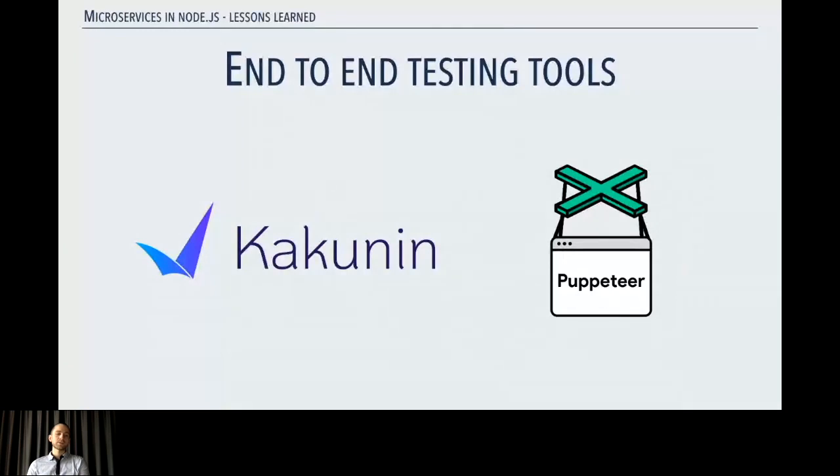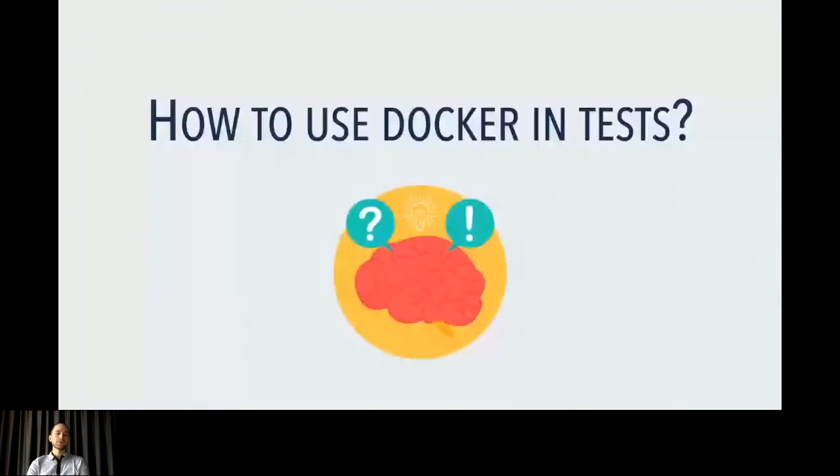Puppeteer is quite a low-level tool. It uses the Chrome DevTools API under the hood. You cannot verify all the possible browsers, but it's quite a good solution for some smaller scenarios. So I mentioned in the agenda that we are using Docker in tests, and yeah, it gives us a lot of different advantages.